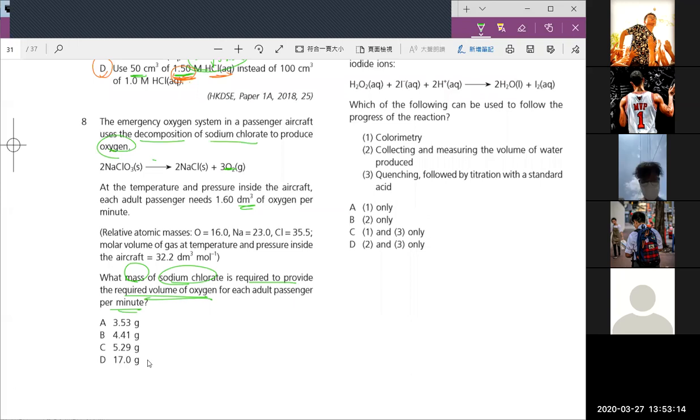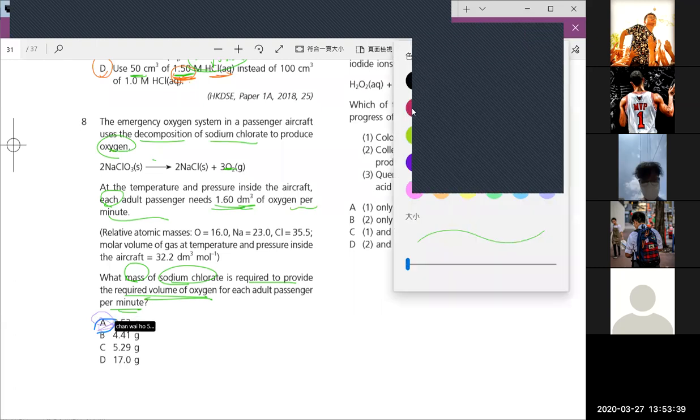The question seems very complicated, right? Per minute, each adult passenger will need 1.60 dm³. So this is the part that you need to know: how do you calculate the number of moles?